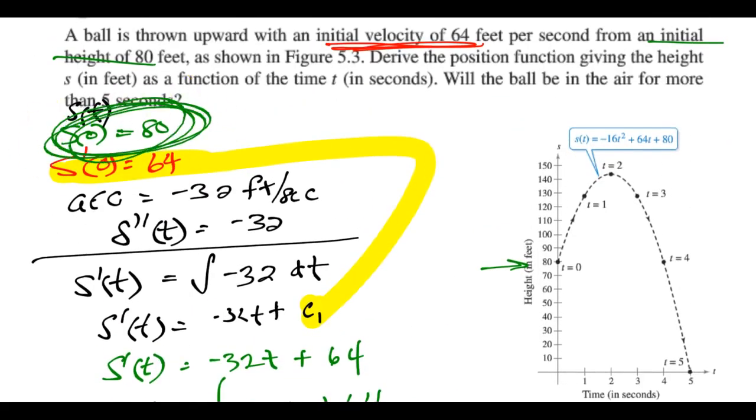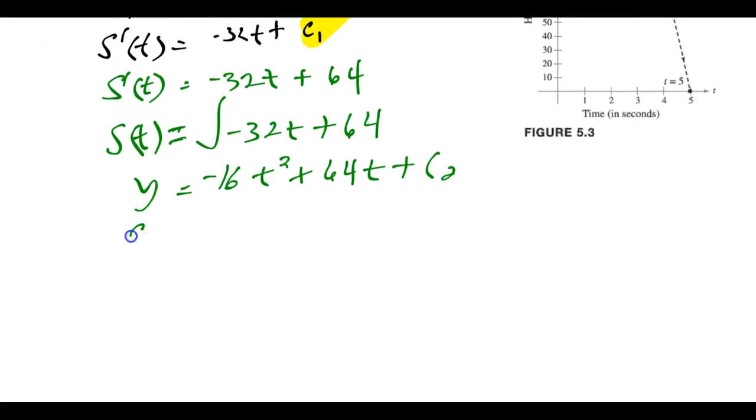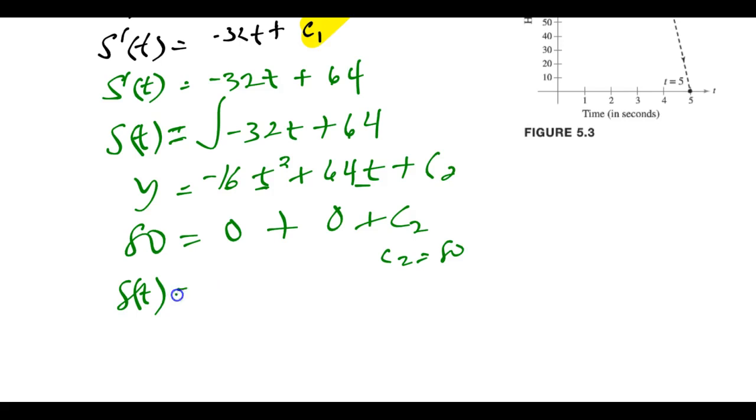So if I plug in 0 right here, because 0 times anything is 0, I'll get c sub 2. The second constant is 80. So writing the equation, s of t is equal to negative 16t squared plus 64t plus 80.